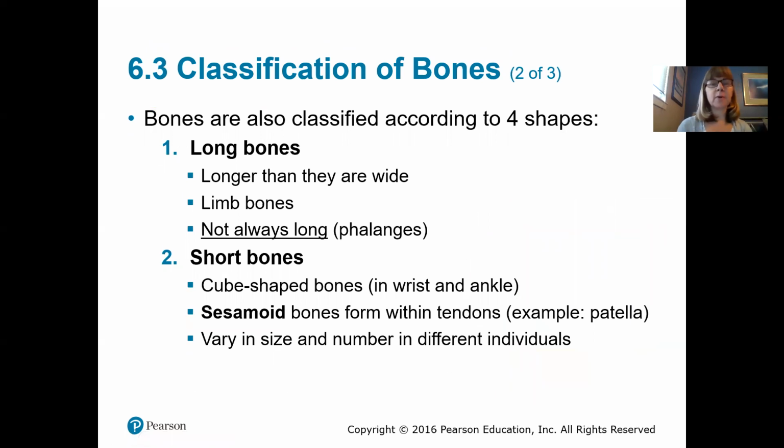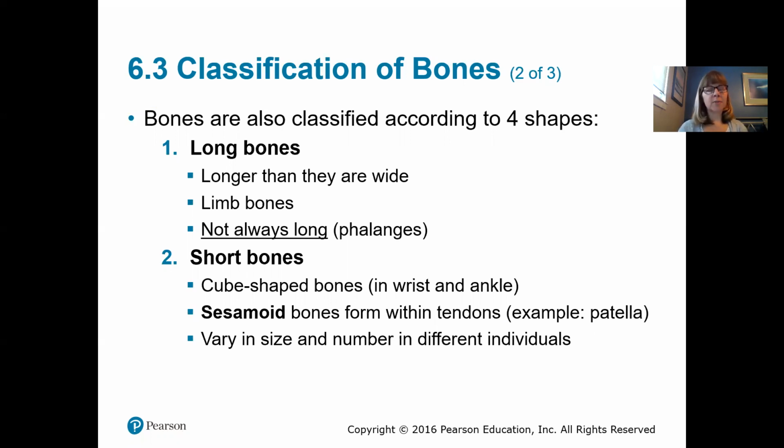In order to study the bones, we want to study the different shapes first. And you want to be able to classify all your bones into the different shapes. So there are 4 different types of bones. And the first one is long bones. So kind of obvious, those are the bones that are longer in your body, and you might think of, well, that must be the femur, that must be the humerus, all your arm bones and your leg bones.